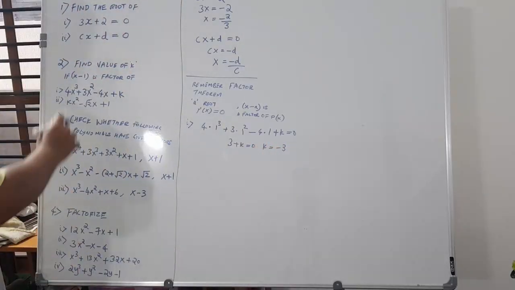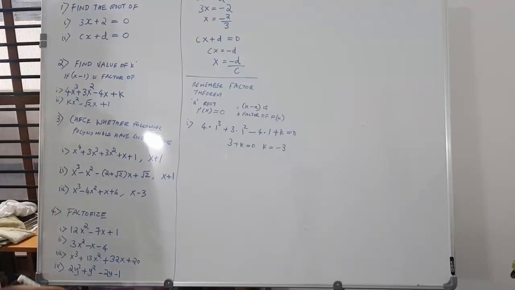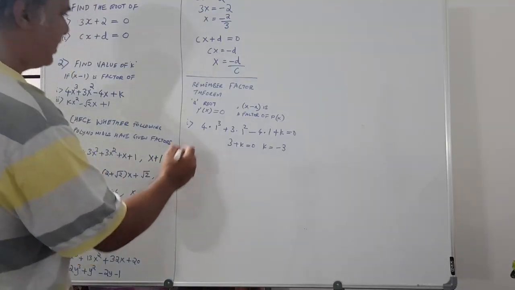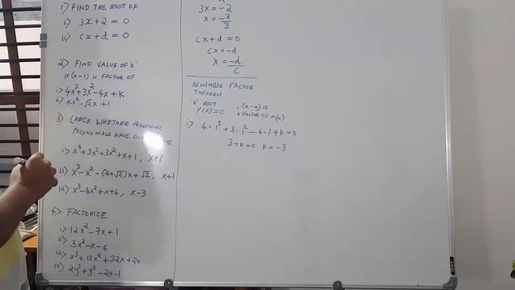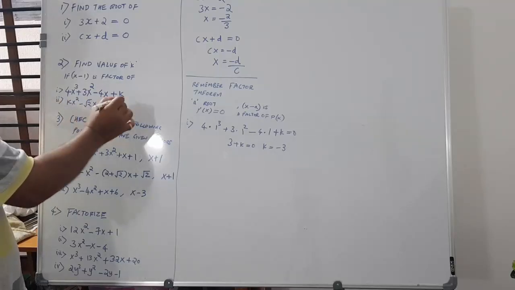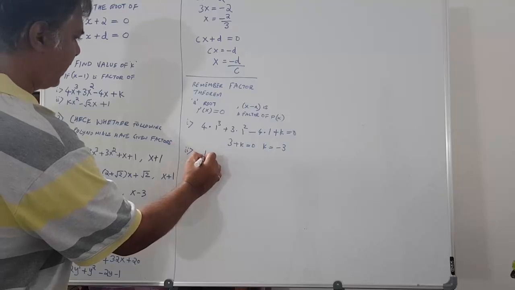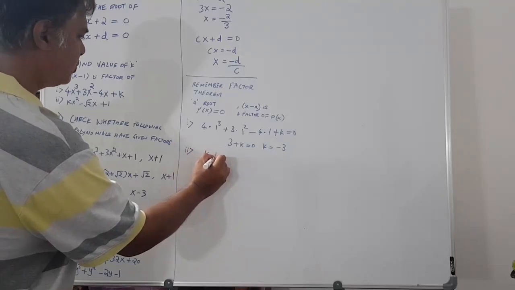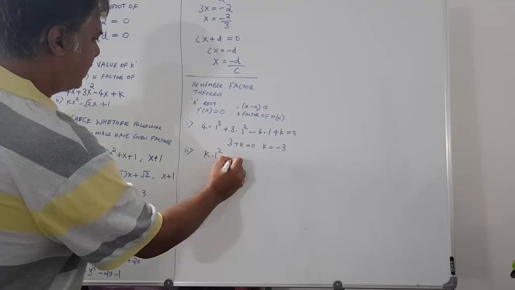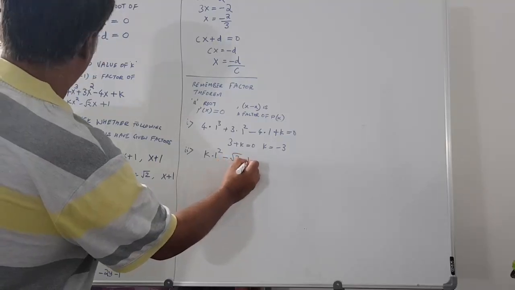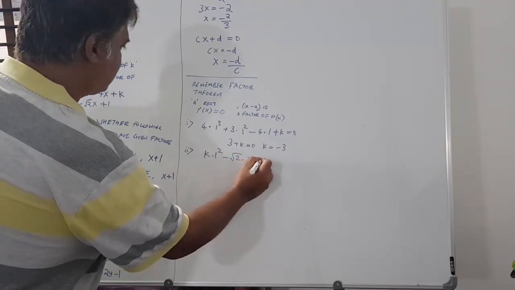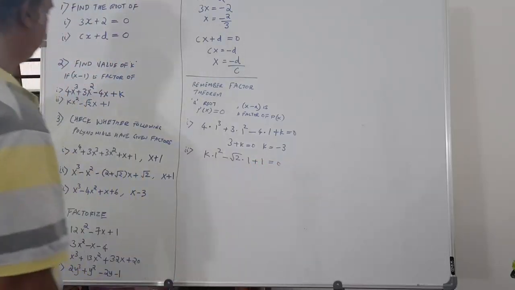Okay. So again, they have given another problem and asked us to find k if x minus 1 is a factor, right? So since again x minus 1 is a factor, if I substitute 1 in the equation, I must get equal to 0. Okay. So for the second problem also, we are getting k times 1 squared minus root 2 into 1 plus 1 is equal to 0.